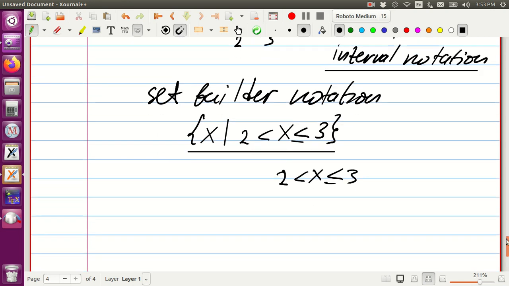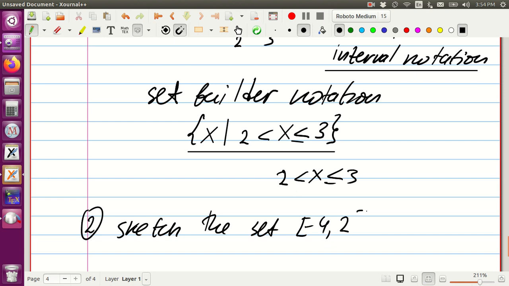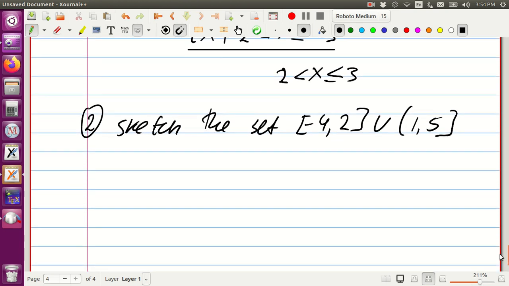All right, so let's move to the next example, example number 2, in which we have to sketch the set from -4 to 2, union from 1 through 5. So let's try to start thinking about it.